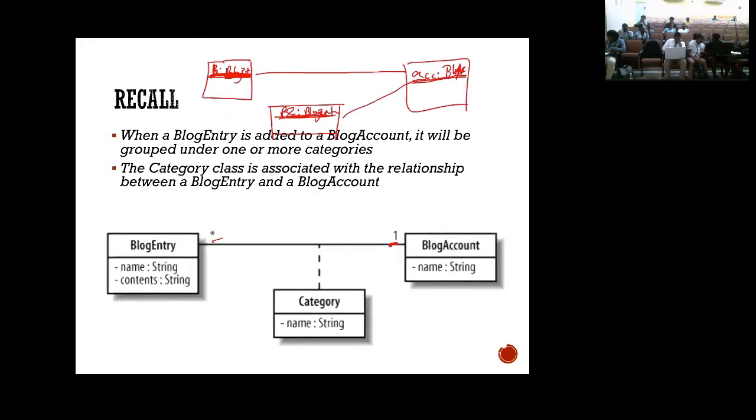So those are objects, all 3 of these are objects. And this is a valid object model because this relationship tells us that a blog account must have 0 or more blog entries. It also tells us that if we just had an account by itself and no blog entry, that would be fine as well.